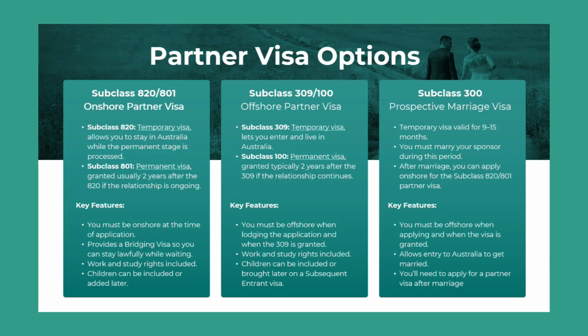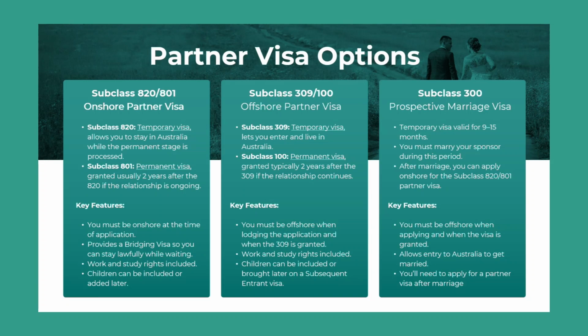Because the main purpose of the prospective marriage visa is that once the visa is granted, they can come here in Australia and get married within 9 to 15 months. And once they get married, they will do what we call the partner visa onshore, which is the 820 and the 801.